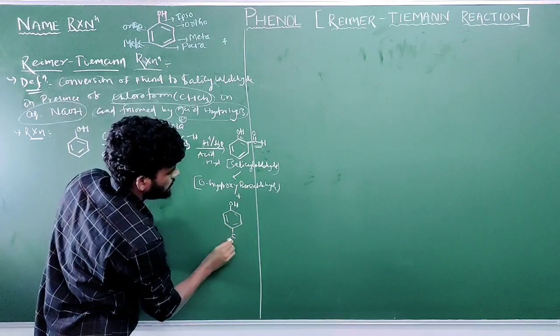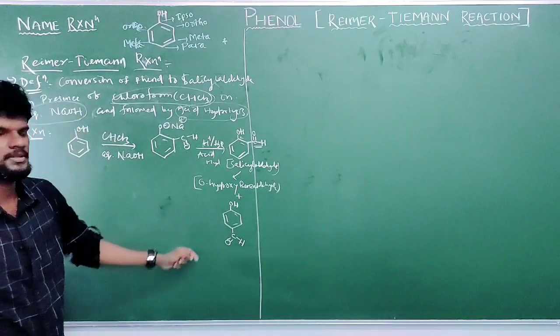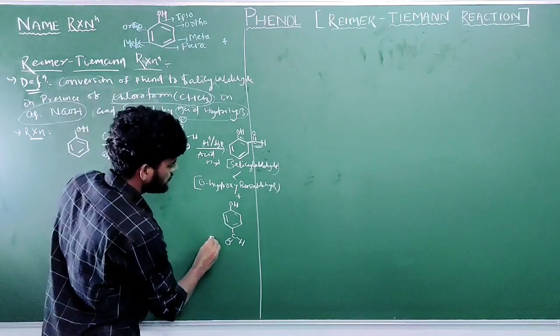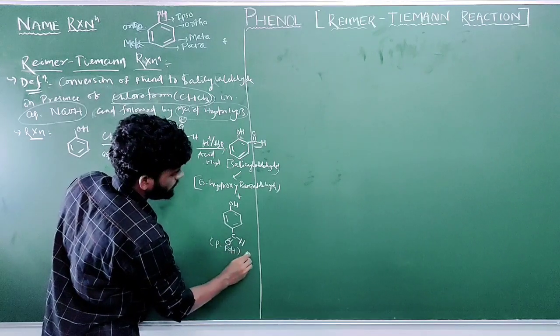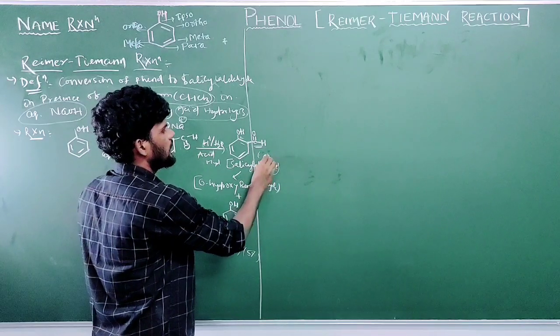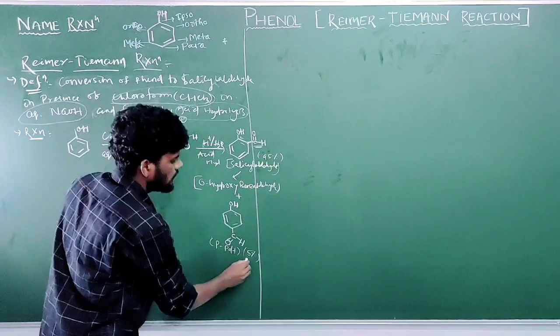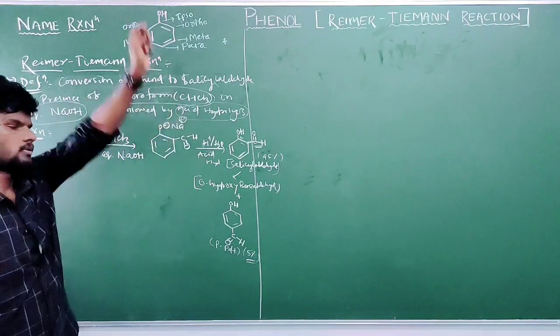This is the para product, parahydroxybenzaldehyde. You get para product in less amount, about 5%. You get 95% ortho product and only 5% para product.